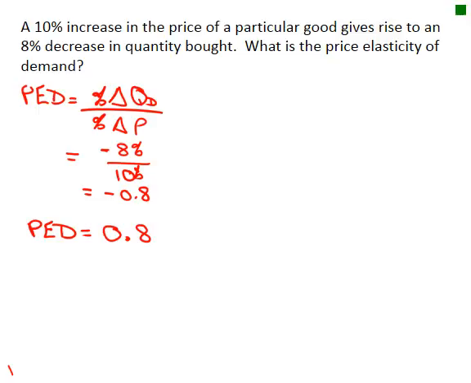We're left again with negative 0.8, and we can get rid of the negative sign and just say that the price elasticity of demand is 0.8. I promise this is the last example where it's going to equal 0.8, and not all elasticities, of course, are going to equal that.